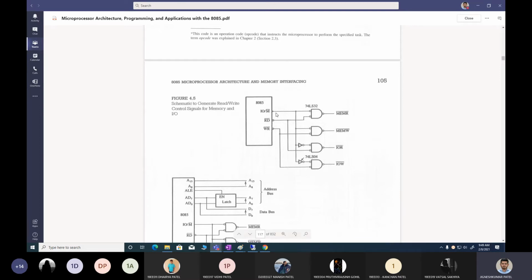So what are we doing? We are basically having this AND gate with active low input and active low output. So what does that mean? To explain that, we need this figure.